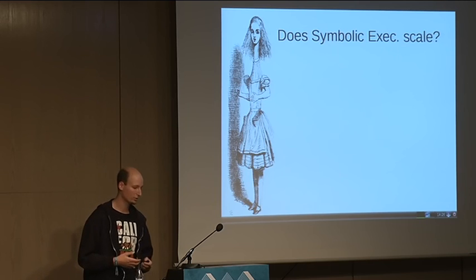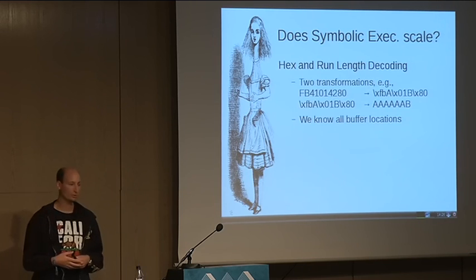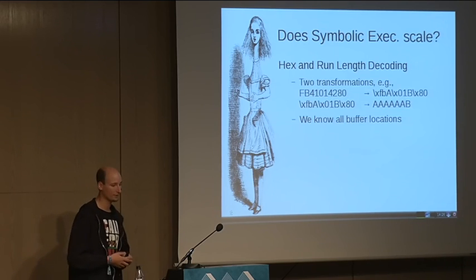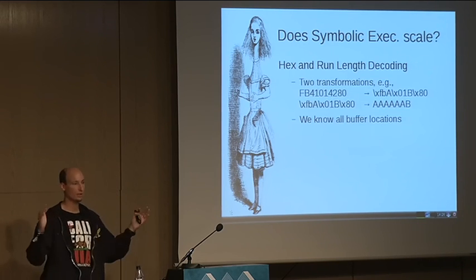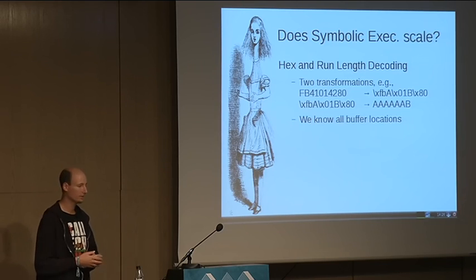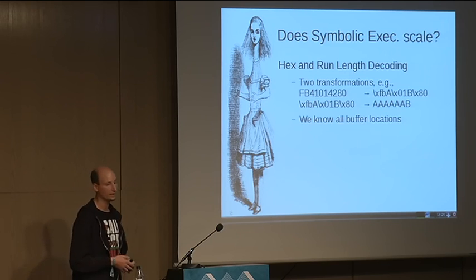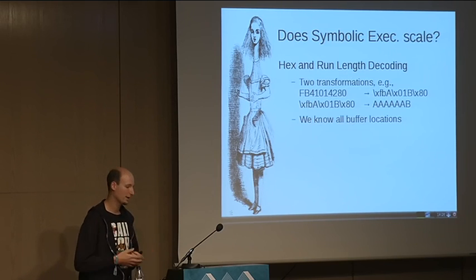So again, does symbolic execution scale if we use this approach? This time, we use two transformations, which are both valid for PDF files. First, we use hex decoding. So we have a long hex-encoded string that is first hex decoded by the PDF library, and then RLE decoded to display an image.